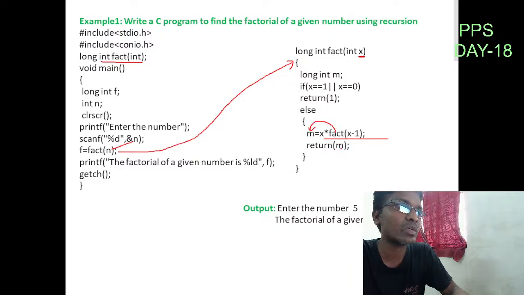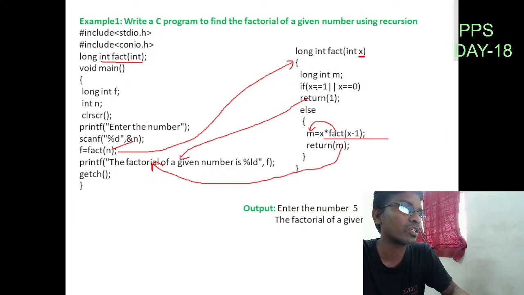Whenever I say return, the value is returned back to the main program. Then it will print the factorial of a given number, followed by the parameter f. I hope you are understanding what I am saying. Whenever you call the factorial function, it goes to the called function and executes it, and the result value is sent back to the main program.